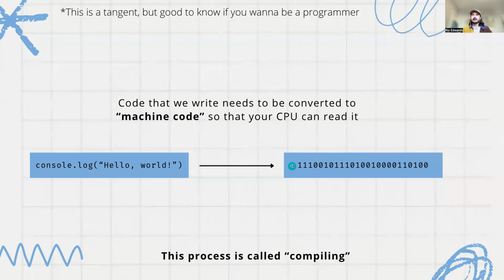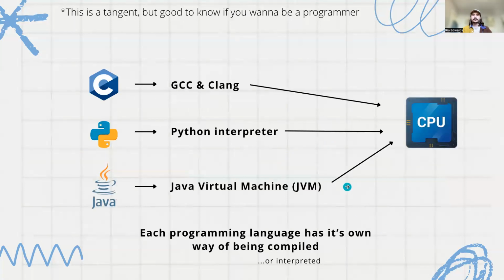It's a huge pain because it's just hard to make sense of for us humans. And so at the end of the day, the code that we write needs to be translated into machine code. And all programming languages get compiled somehow. If they are going to be run on a computer, they need to be translated into machine code.